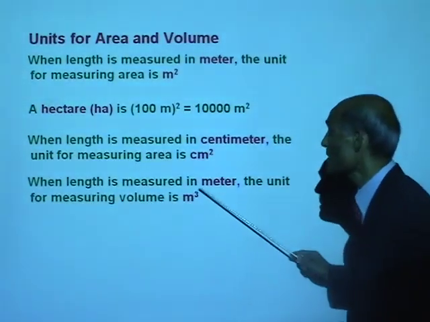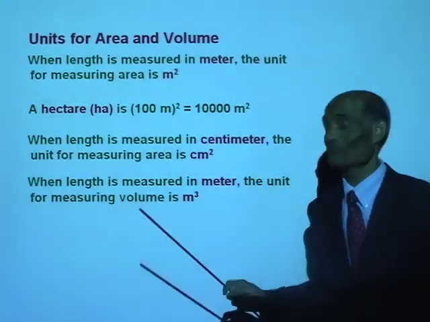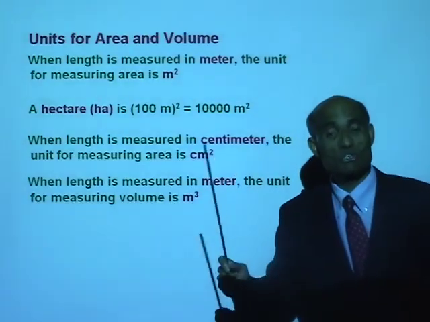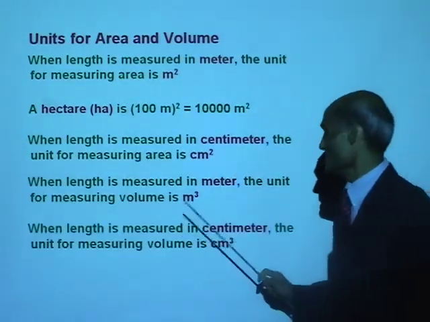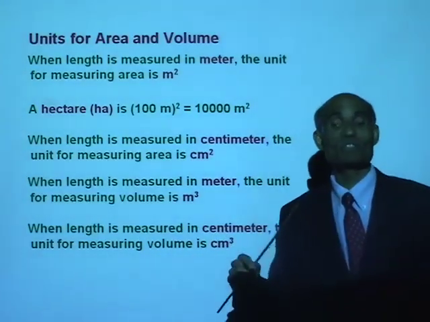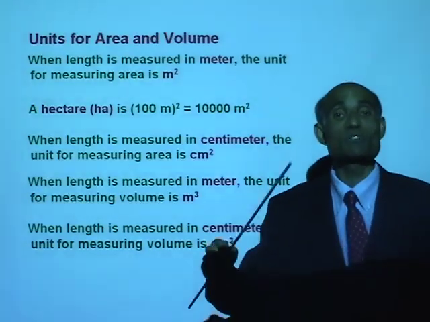When length is measured in meter, what is the unit for measuring volume? The unit for measuring volume is a meter cube. If you measure length in centimeter, then the unit for measuring volume will be a centimeter cube.